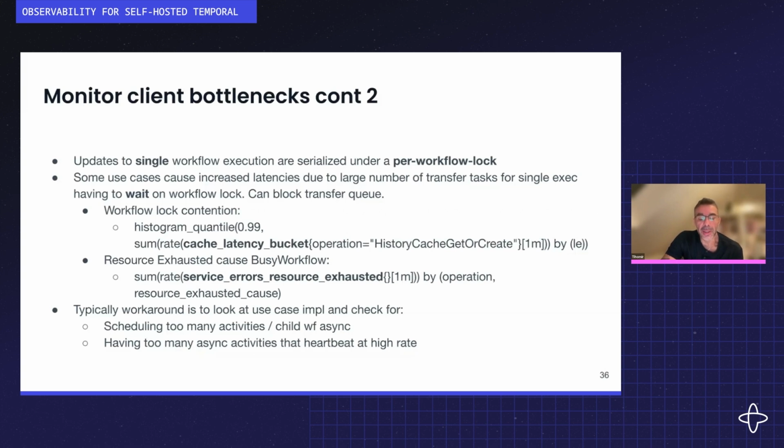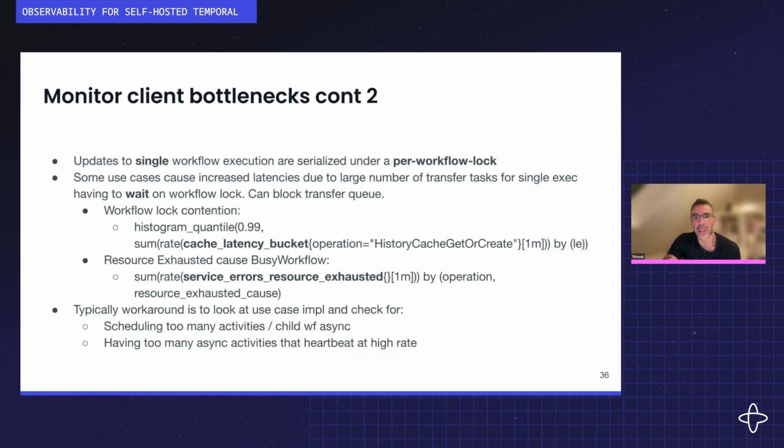Another thing that can cause this that we have seen is, you start a bunch of async activities, for example, and they all heartbeat at a high rate. So a large number of async activities all send heartbeats, and it's all for the same workflow execution. So again, this is a per workflow lock. Temporal does scale out on the number of workflow executions.